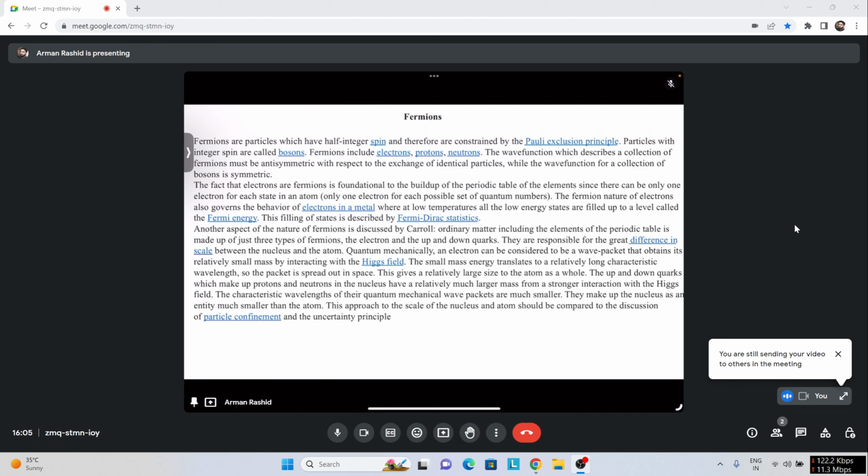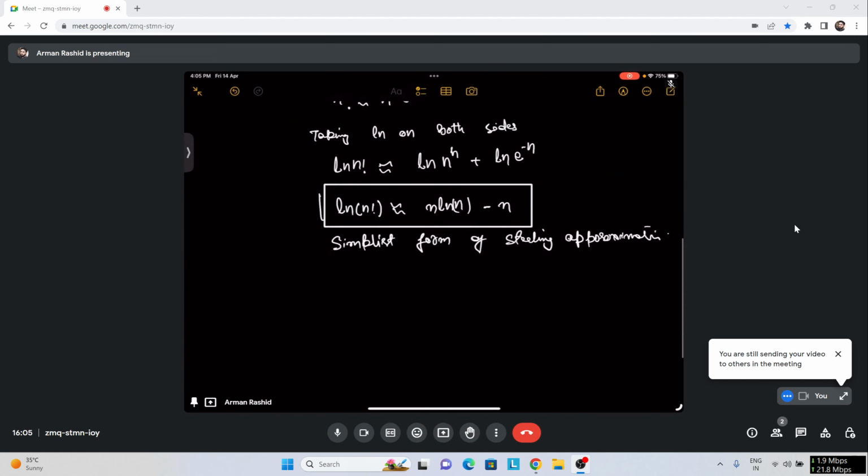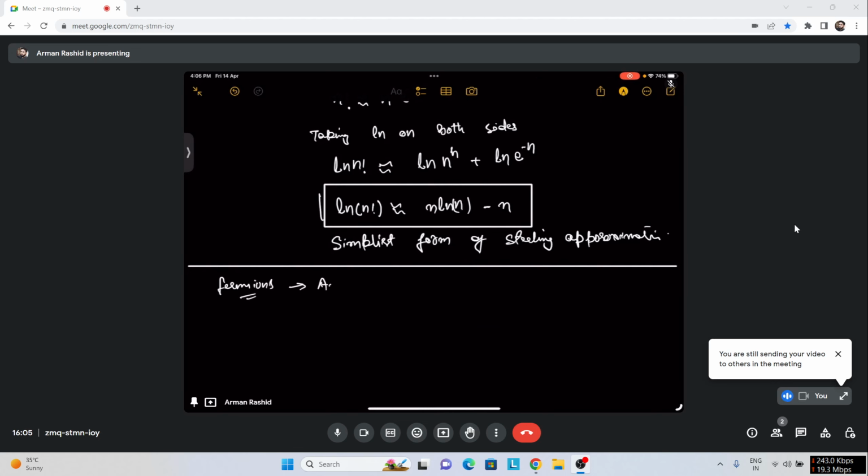So what it means is that if we have two particles, electron 1 and electron 2, as I'll show you. We are talking about fermions. Fermions should have an antisymmetric wave function.